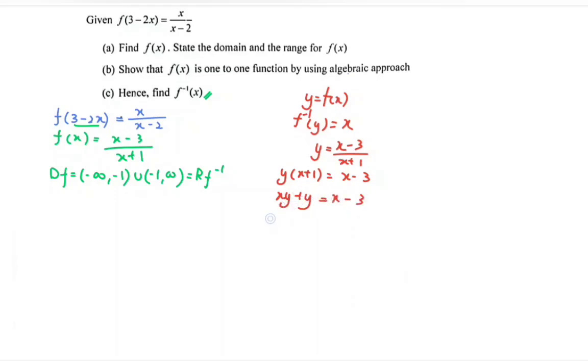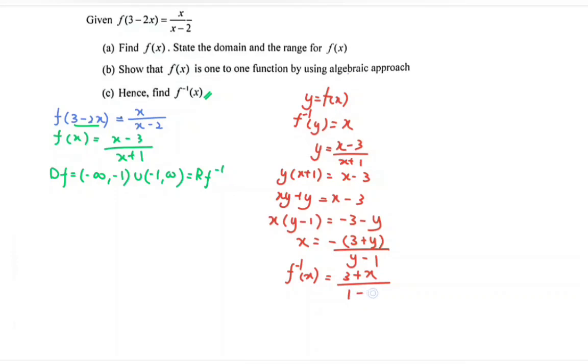Kindly rearrange the situation. x(y minus 1) equals negative 3 minus y. So x equals negative (3 minus y), become plus y, over y minus 1. So f inverse of x will be equals to (3 plus x) over (1 minus x). So that is the f inverse.